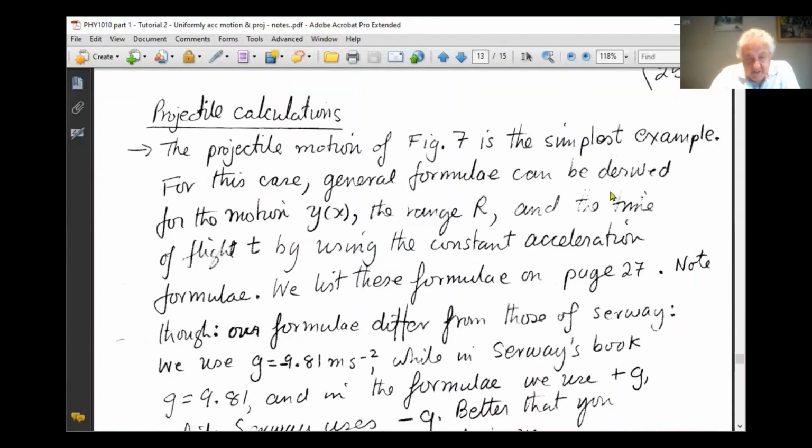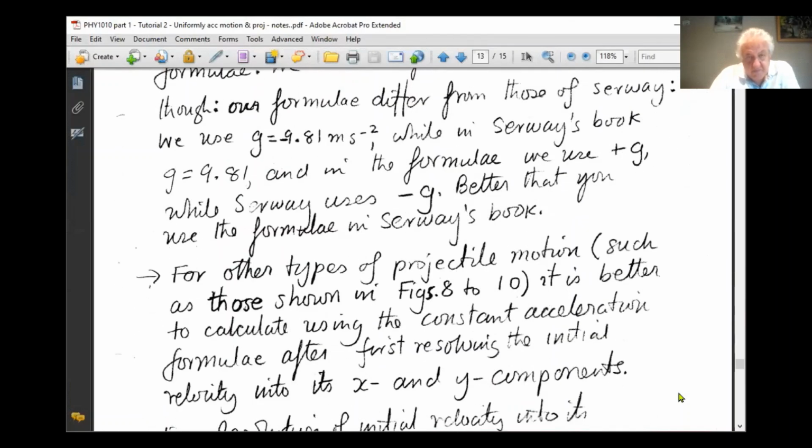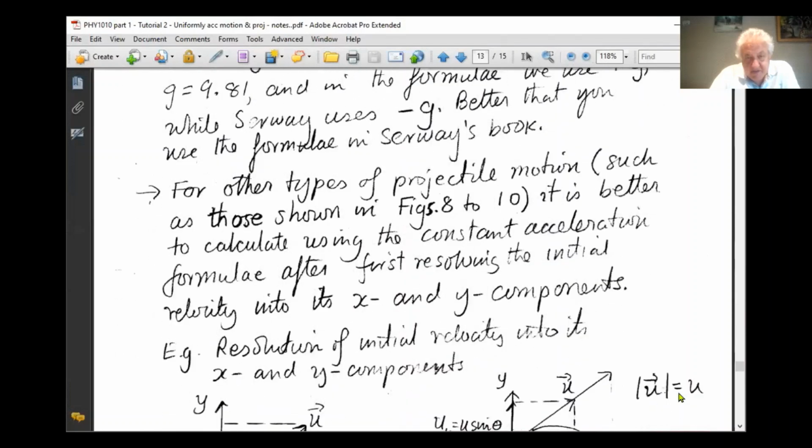The projectile calculations. Essentially, I'll leave you to read this for yourselves, but I'll explain the methods on the whiteboard. So let me just leave my notes up for you. You can stop the video and read it for yourselves.